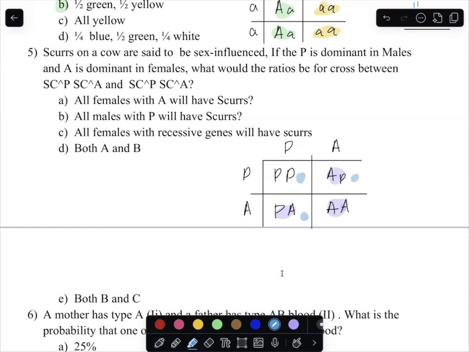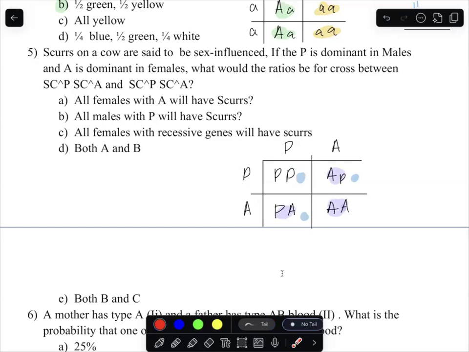Okay, so all females with A will have scurs. That is true because here, here, and here, all those females will have scurs.